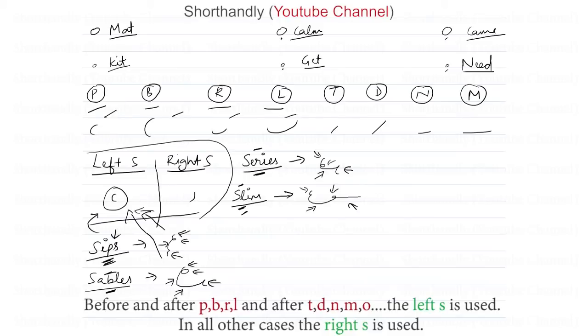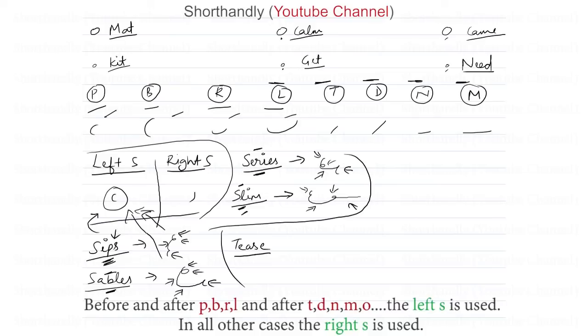Let's move further. It says before and after P, B, R, L and after T, D, N, M, the left S is used. So it's saying that before and after this L, and after T, D, N, M, we have to use the left S here also in these characters. So suppose we have a word like T's.